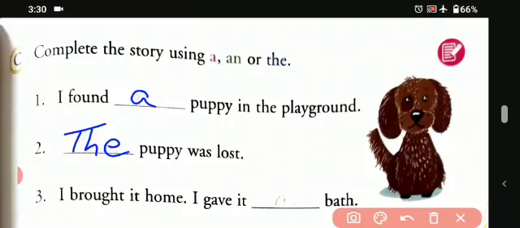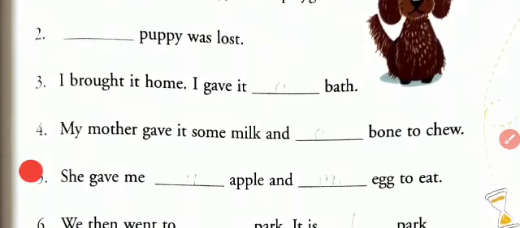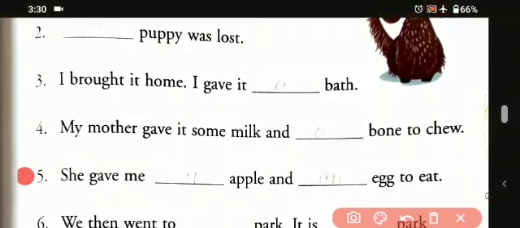Okay students. Then there is another one. I took it home. I gave it dash a bath. So we'll be using a over here, a bath. Okay. Then the fourth one. My mother gave it some milk and dash bone to chew. So students, her mother gave it some milk and a bone, that means singular, a bone to chew.